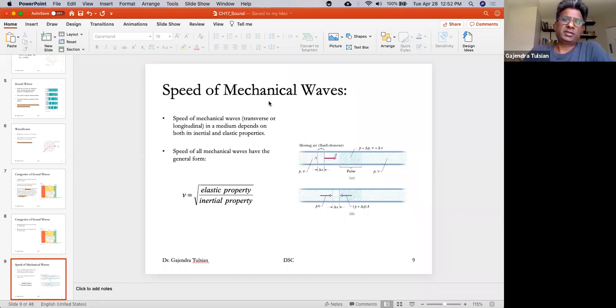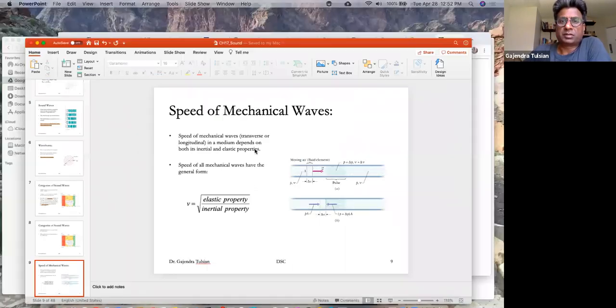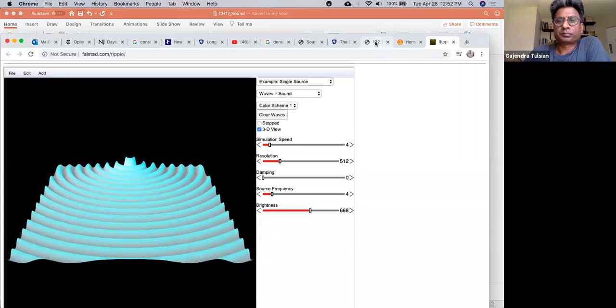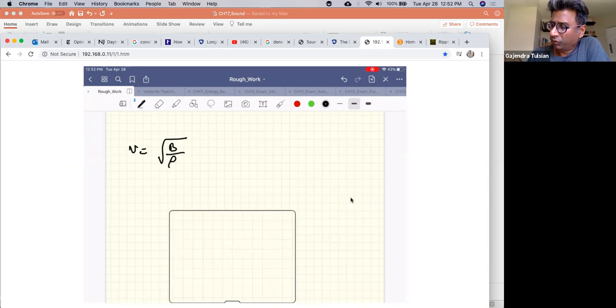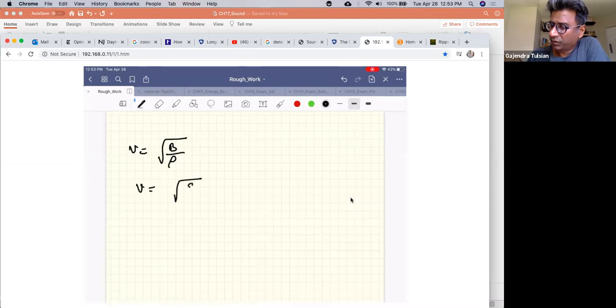All right, so the speed of a sound wave, the speed of any mechanical wave, depends on the elastic property of the medium divided by the inertial property of the medium. For instance, you will see in a second that the velocity of longitudinal waves depends on the bulk modulus divided by the density of the fluid, and the velocity of transverse waves depends on the shear modulus divided by the density of the medium.